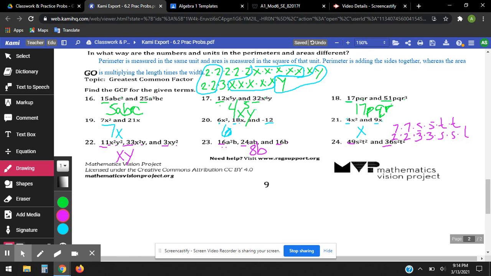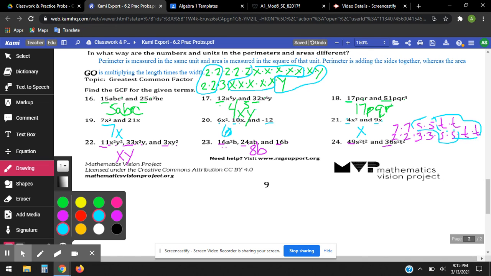S, S, T, T. So if I take a look at this, none of the numbers match up, but I've got two S's in both, and I've got two T's in both. So it looks like S squared, T squared would be my greatest common factor on that one.